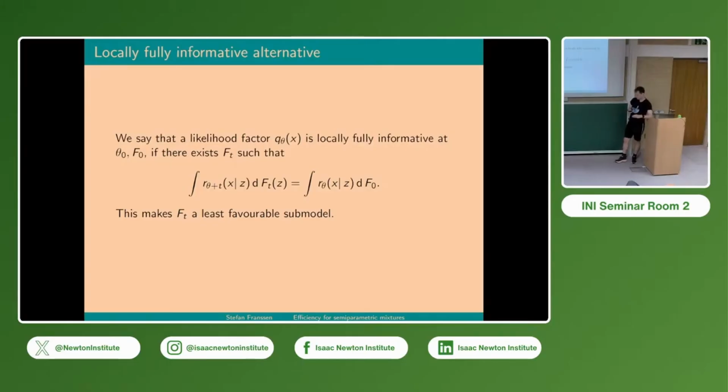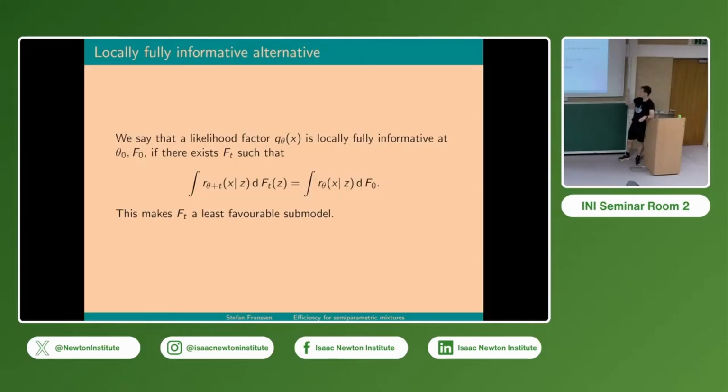And this condition is more or less saying that this ft that we define here is a least favorable submodel, for those who know what these things are, for estimating this theta parameter in the model.